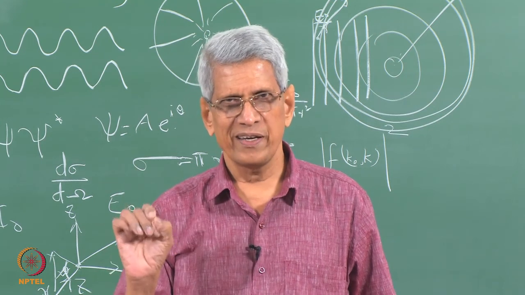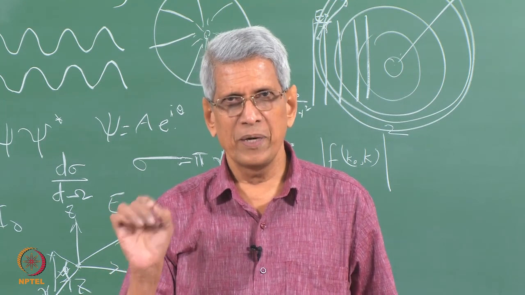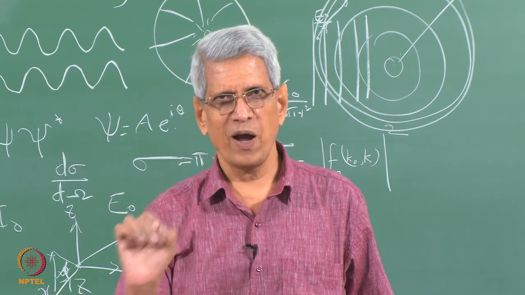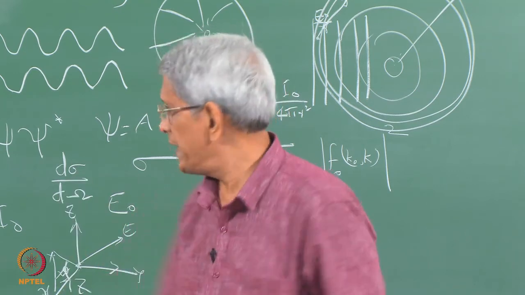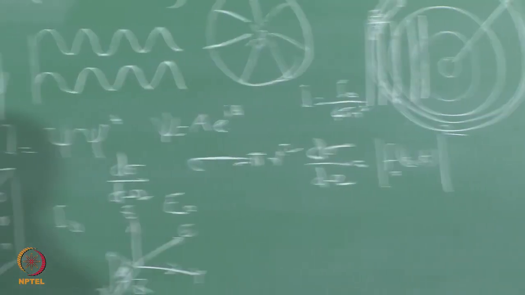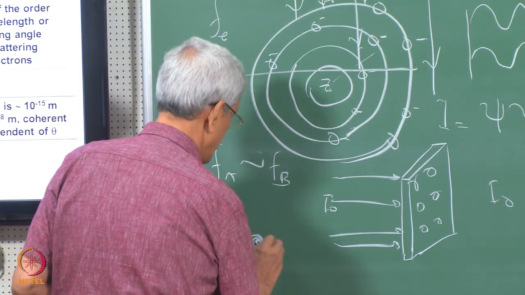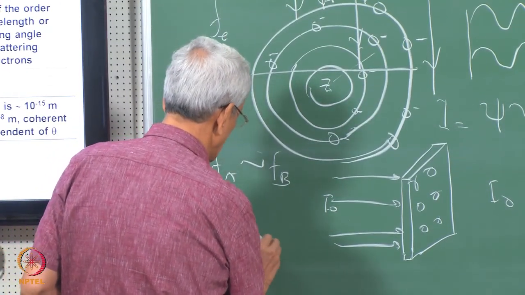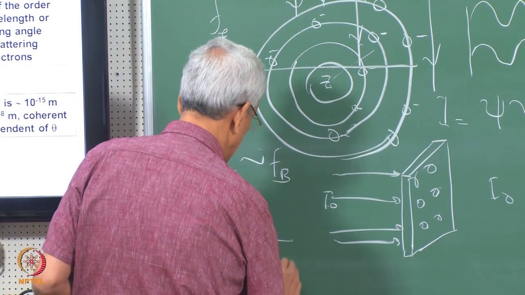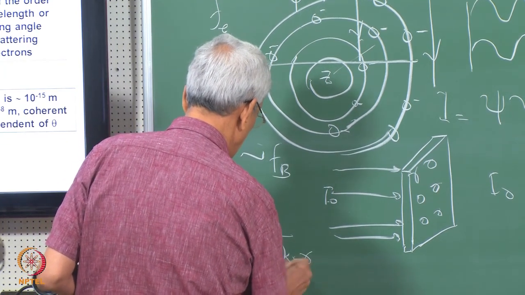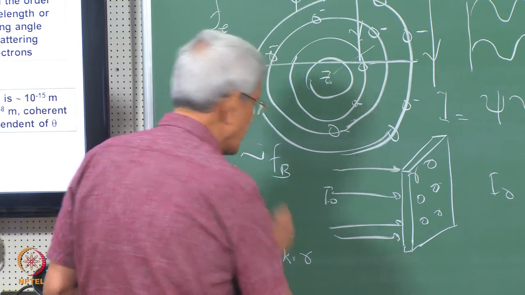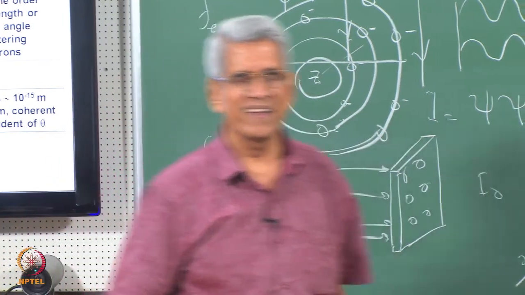Each nucleon has to interact with it, but the nucleus size is so small compared to the wavelength that, from a region like this, if the wavelength is very large, the phase difference delta K dot R, if we try to find it out, is going to be extremely small.